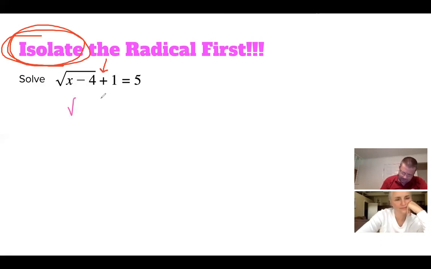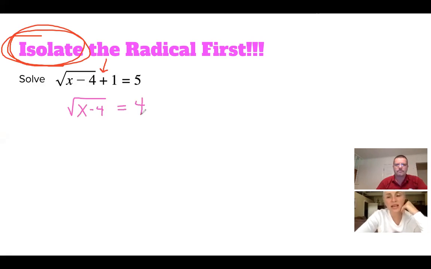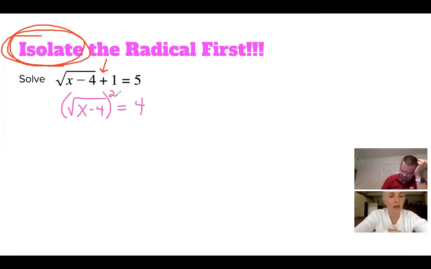So I'll get the square root of x minus 4 equal to 4. If there's anything added or subtracted outside the square root, anything multiplied times the square root, or anything divided underneath, go ahead and get rid of it by undoing the operation, and then solve from there.